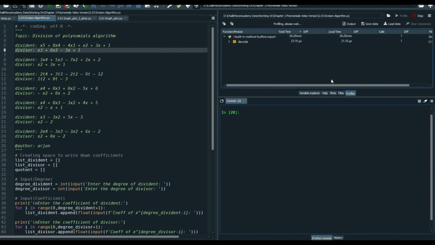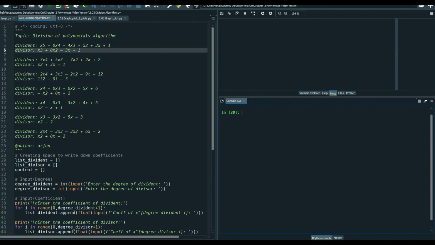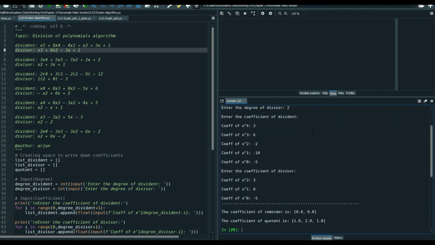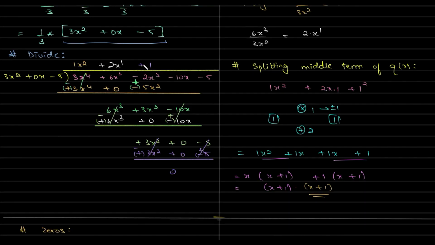So we have a degree of the dividend to be 4, the divisor is 2, the coefficient of x to the power of 4 is 3, 6, minus 2, minus 10, minus 5, and the divisor is 3, 0, minus 5. And yes, we got the remainder to be 0 and 0, and the quotient is 1, 2 and 1. The coefficients are 1, 2 and 1. We got the right answer.